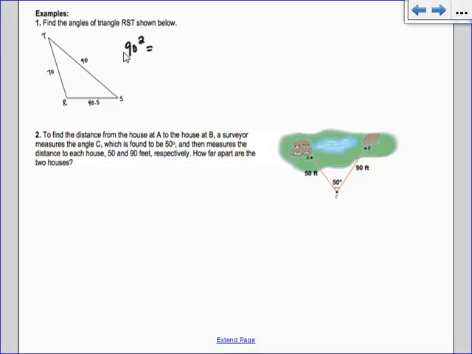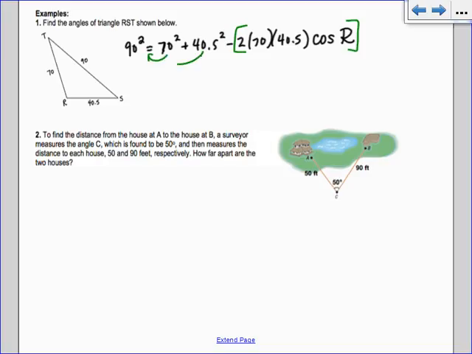So you get 90 squared equals 70 squared plus 40.5 squared minus 2 times 70 times 40.5 cosine of angle R. Okay. And the trickiest part about this is people forget that all of this is together and they just do the numbers. So maybe put brackets around that and then subtract these two numbers over first.